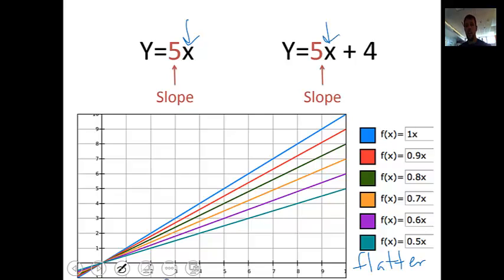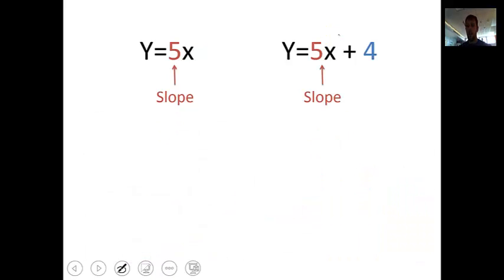Now let's take a look at another special number. The number that gets added or subtracted that's not multiplied by the x. That's a special number called the y-intercept. The y-intercept is where this line crosses the y-axis. Now if you look at the other one, I don't see a y-intercept, but secretly, if you don't tell anyone, you can say that this is plus 0 and the y-intercept is 0.